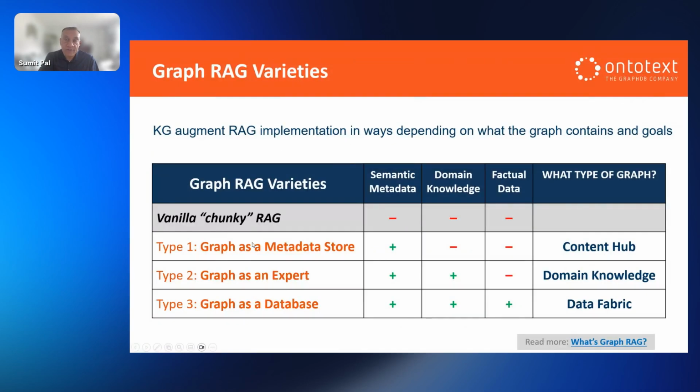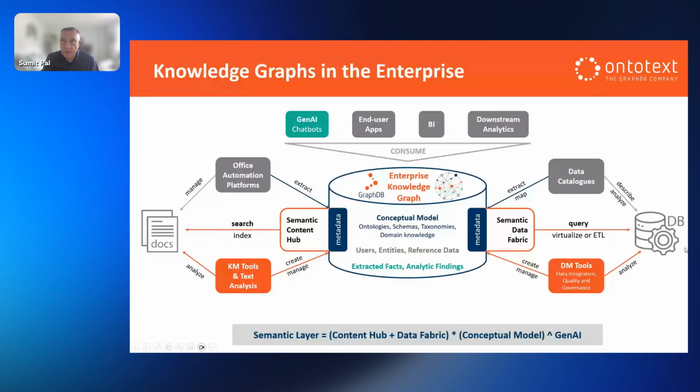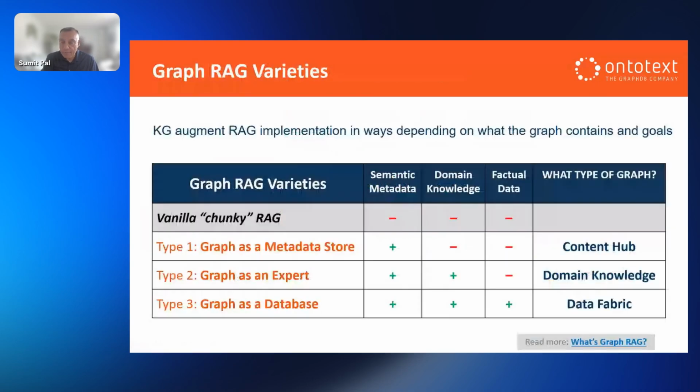And these are the three different graph RAG patterns that we found were most useful. If you look at it closely here, each of them corresponds to this particular picture. So I'll flip back between these pictures so that you get a better understanding.